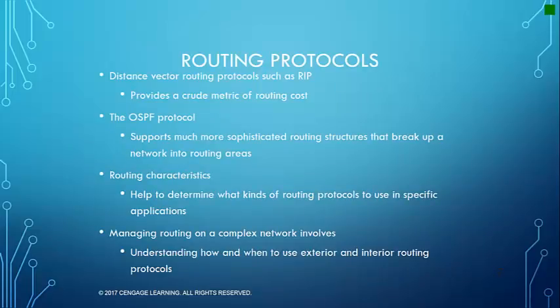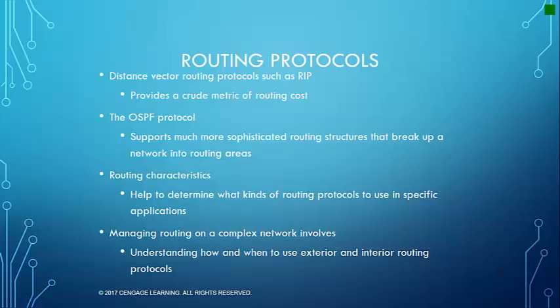Looking at distance vector routing protocols, like RIP, which represents the oldest and simplest type of routing protocol. The number of router transitions, called hops, provides a crude metric of routing costs.